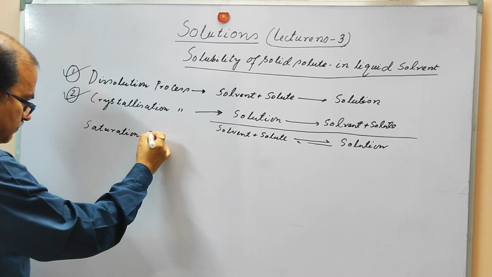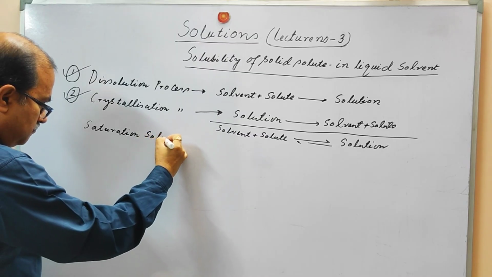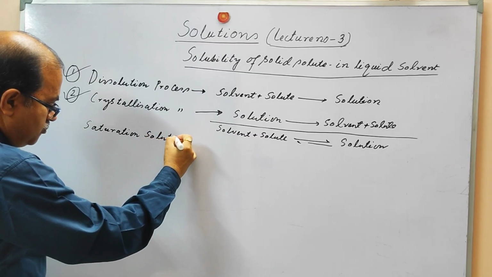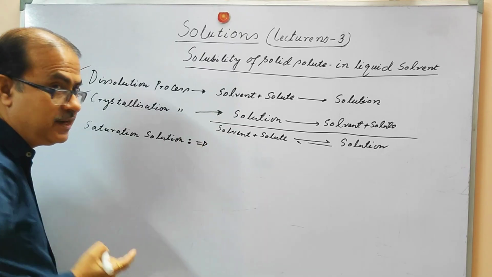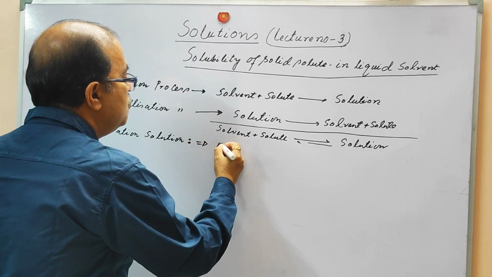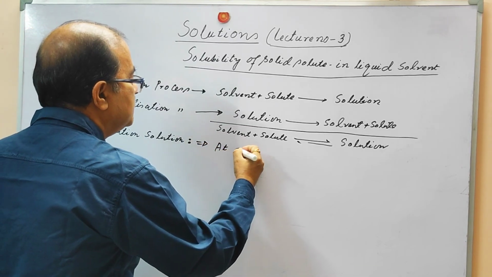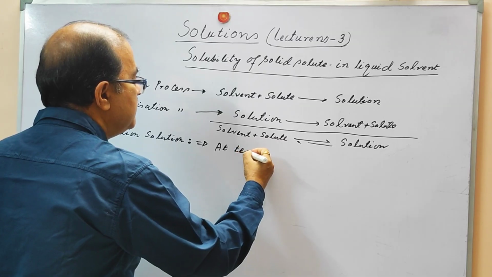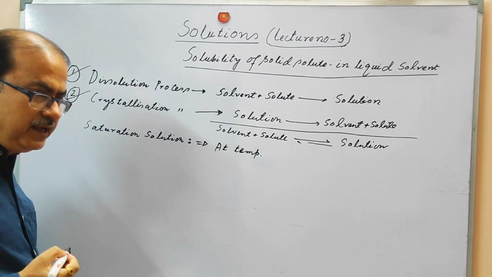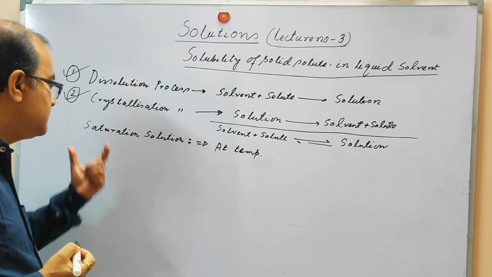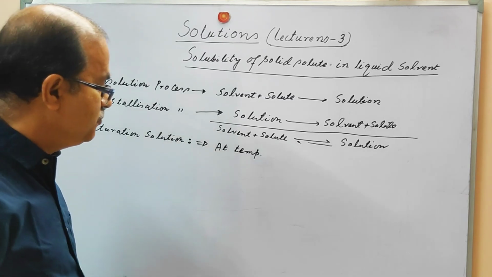Saturated solution is such a solution at a particular temperature. We have to always write temperature, a particular temperature we have to write. If the temperature changes, then the saturation point of the solution will change.